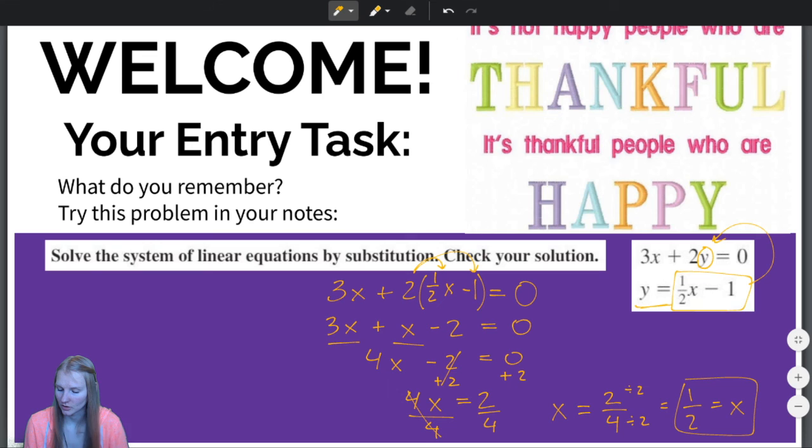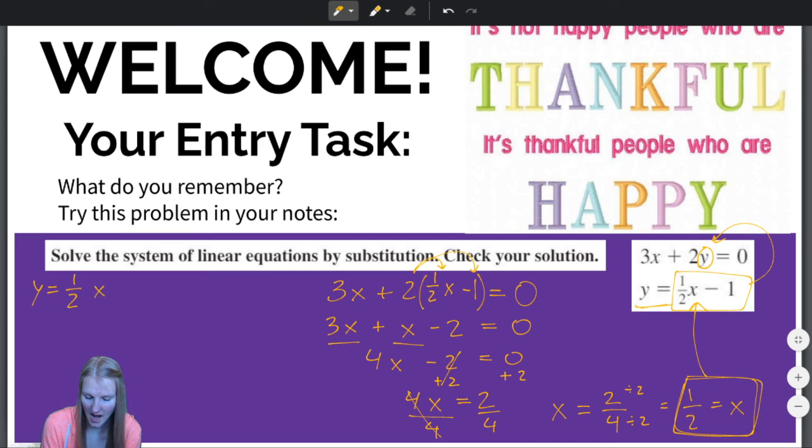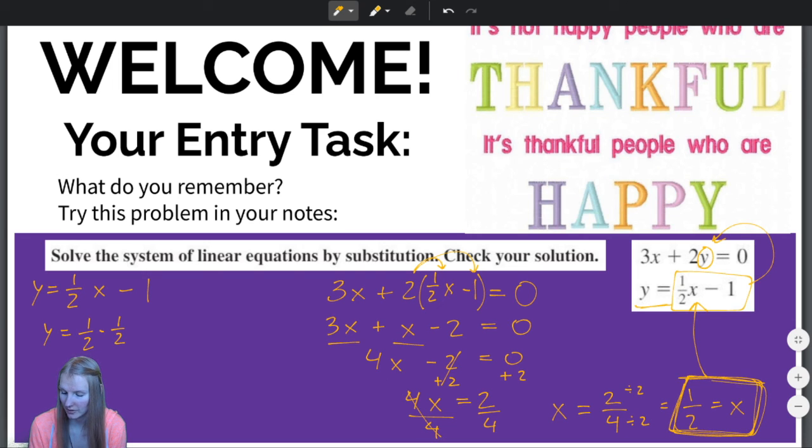Now what we want to do is take what we got for x and plug it back in. So y equals 1/2 x minus 1. Instead of writing x, we're going to do y equals 1/2 times 1/2, because x is equal to 1/2, minus 1.